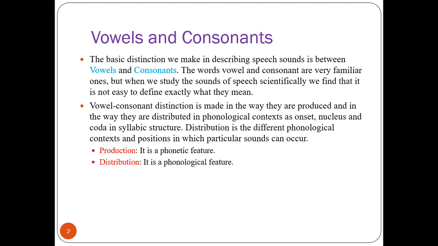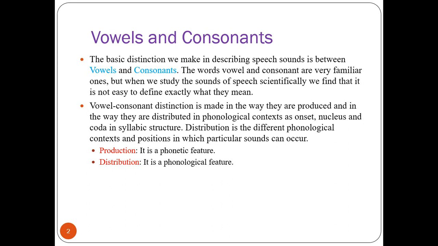Like if you remember my lecture on the structure of syllable, or syllabic structure, we discussed there onset, coda, and nucleus. So keep that in mind when I talk about distribution. And this would be a phonological feature. Why? Because it's about the system of a certain language.